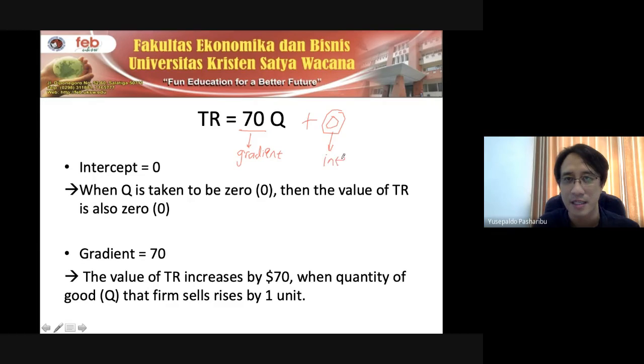That means the intercept is 0. When Q, the quantity sold, is taken to be 0, no quantity sold, then the TR must be 0.